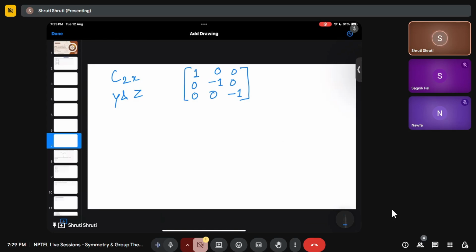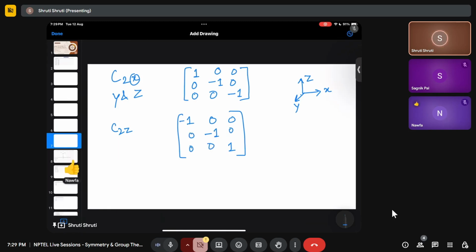Okay. Now same thing if you want to do along z axis, C2z, how will you write? This will change, this will change, this will remain fixed. So these are the transformation matrices. Now if you want to generalize this, this is 180-degree rotation, because 360 by 2 is 180-degree.